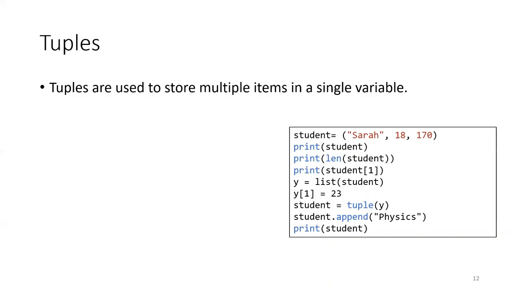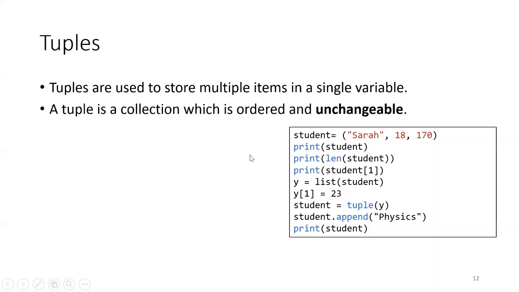So tuples can, for example, be used to give information about different aspects of the same thing. For example, here we define a tuple for a student, and in that we can have her name and her age and her height, for example. And then whenever we print the tuple, it will print all the information stored in the tuple. And there are several functions defined on tuples.